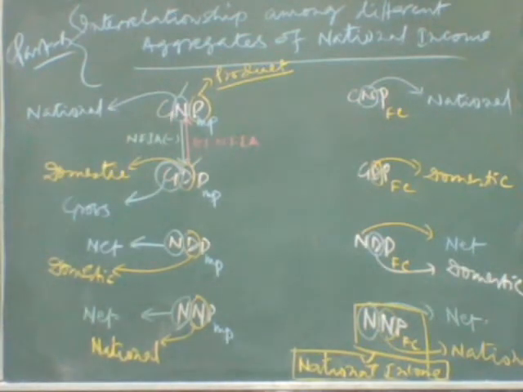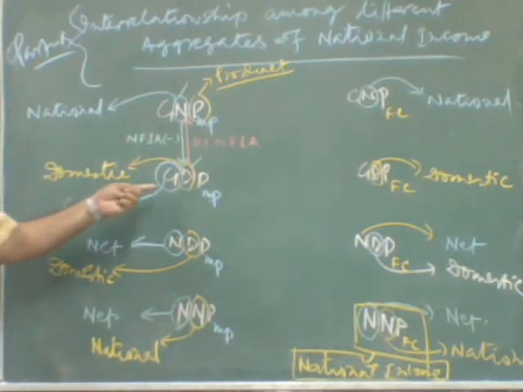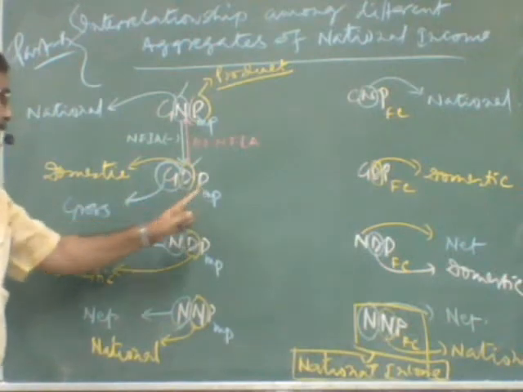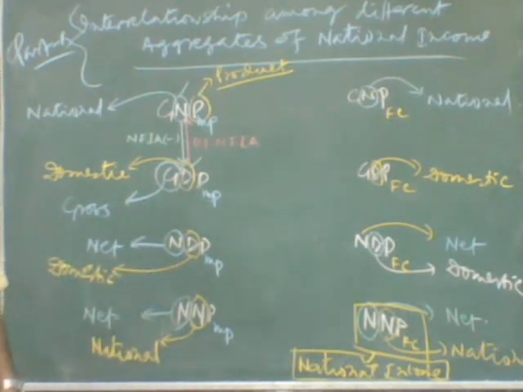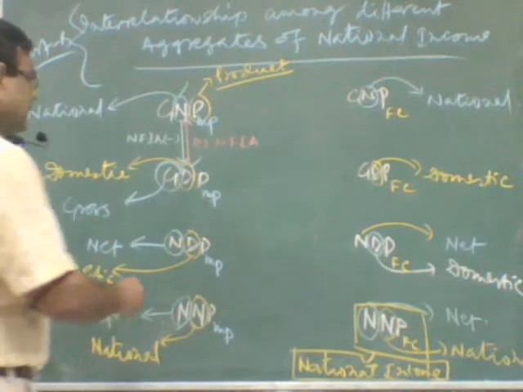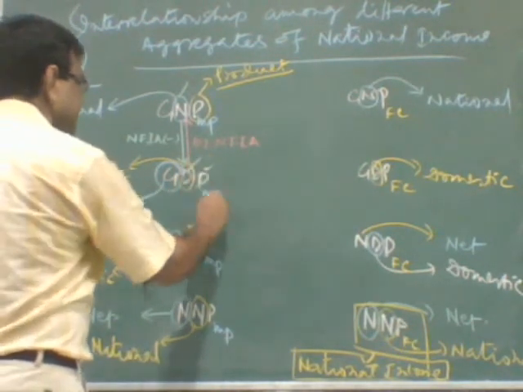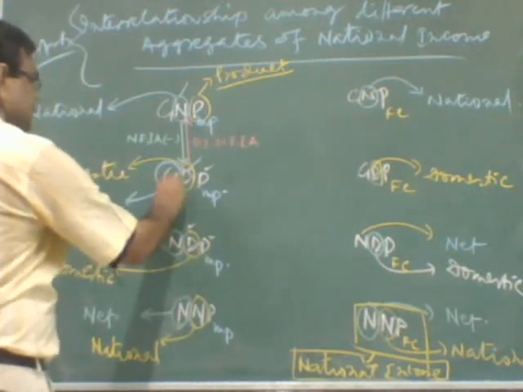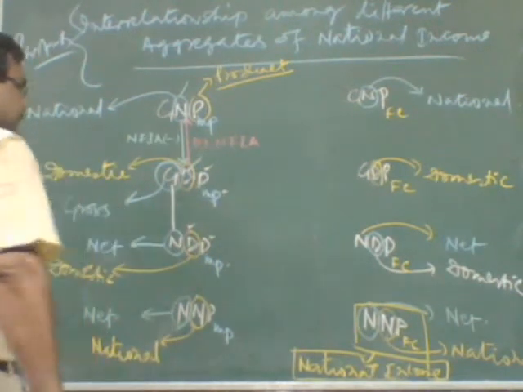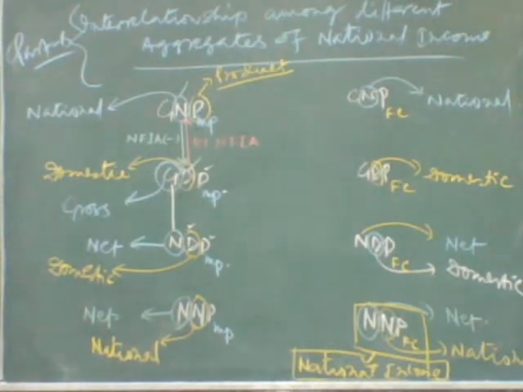In the same way, whenever we have to establish the relation between gross domestic product at market price and net domestic product at market price, D is the same, P is the same, market price is the same. The only difference is between G and N, that means gross and net. Here, the bridging component is depreciation.